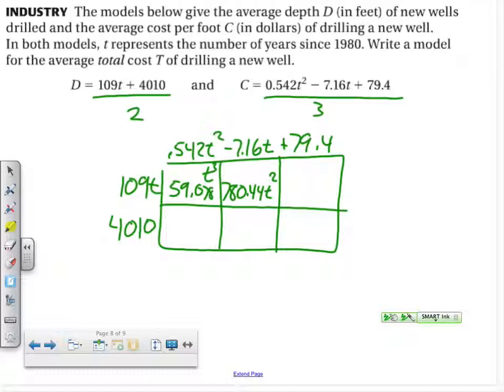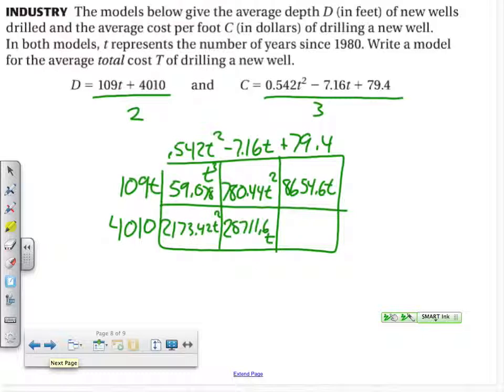This will be T squared. 79.4 times 109 is 8654.6 T. And then go through, we'll do the bottom. 4010 times 0.542 is 2173.42, and this will be T squared. 4010 times 7.16 will be 28,711.6, and this will be T. And finally, 4010 times 79.4.